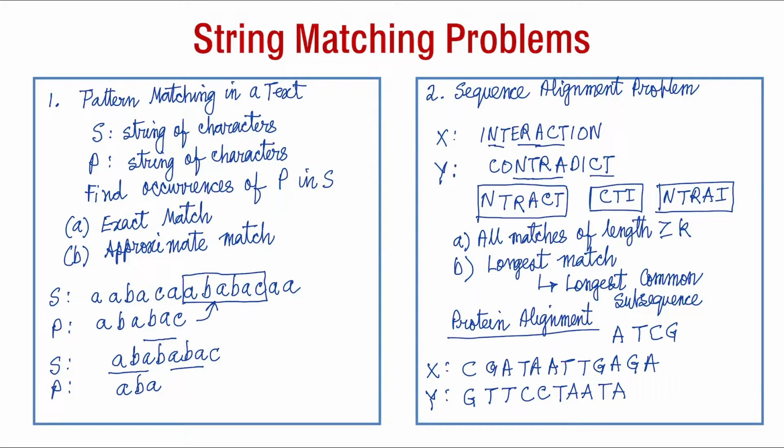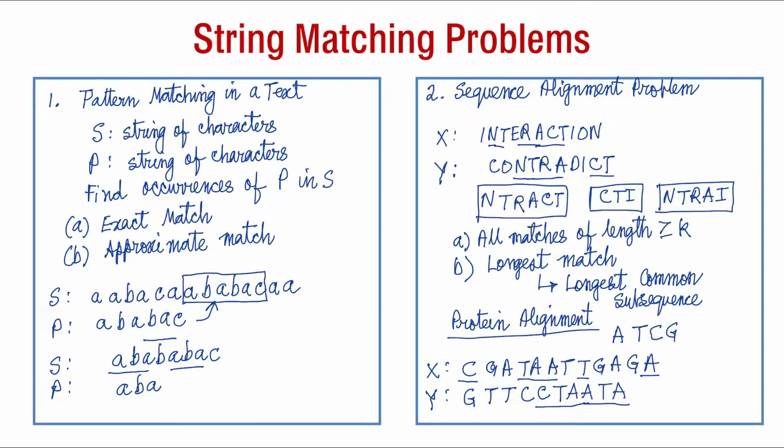then you can find out that a common subsequence of these two, the maximum common subsequence of these two would be TAA, then one more T and one more A, or here it would be CTAA TA.